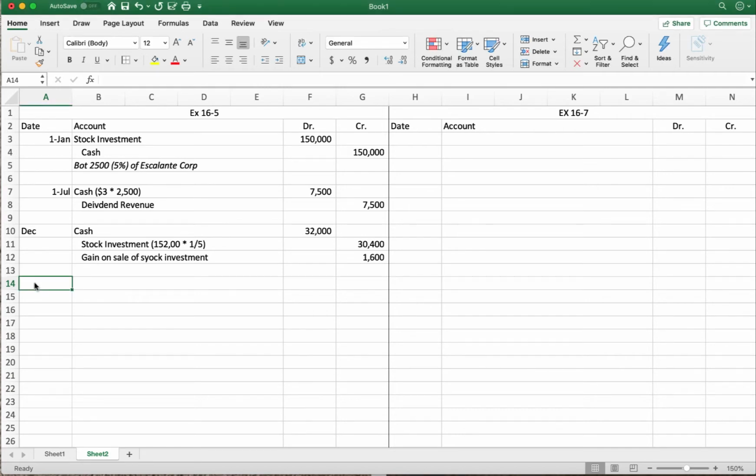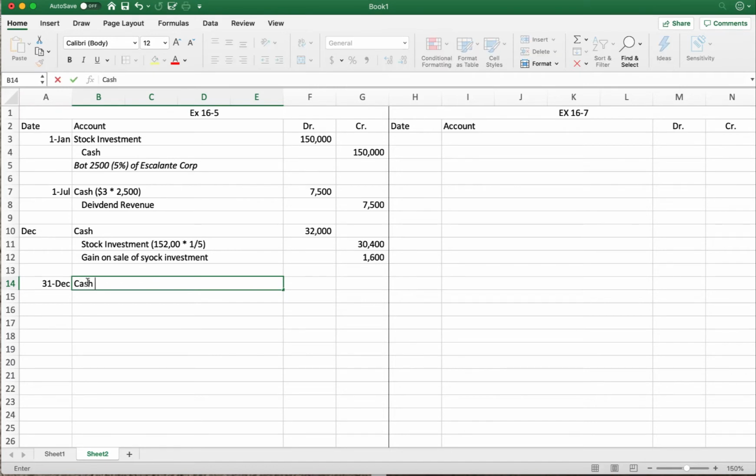Then they tell us on December 31st, we received the cash dividend of $3 per share. Fantastic. So we need to do the journal entry, right? What am I getting? Cash. What do I need to record? Well, they're paying a dividend, so I'm getting cash. That must mean I have to credit dividend revenue. Okay.